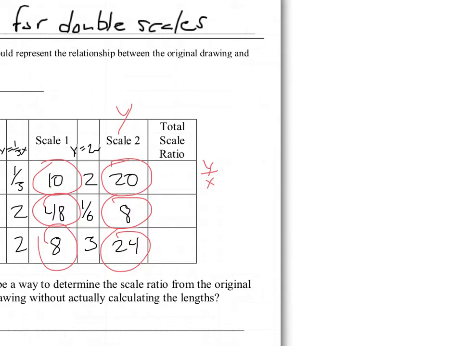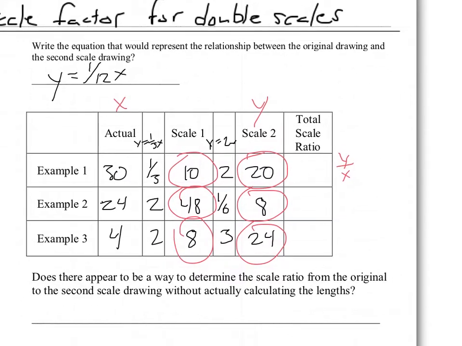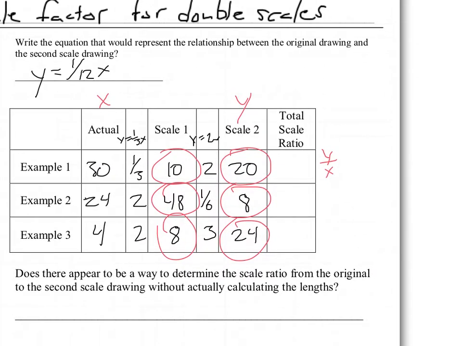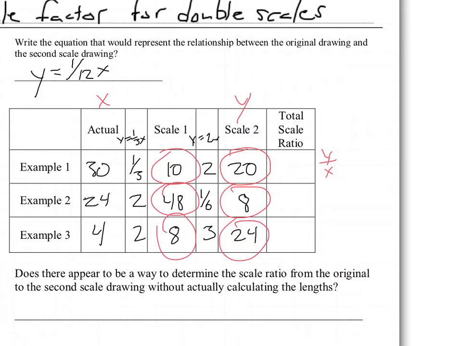So we want to calculate the total ratios between those. So we're now basically going from here to here. So our y over x equals 20 over 30 equals 2/3.